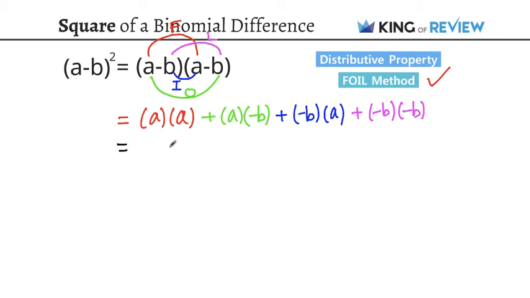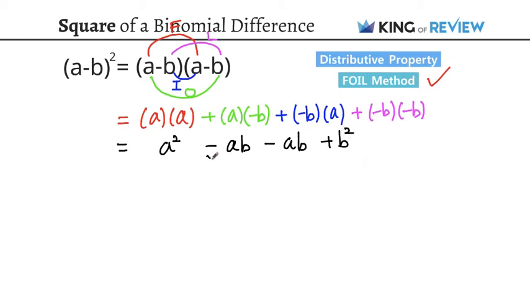a times a is a squared, and a times negative b, positive times negative, is negative, so this is negative ab. And negative b times positive a is also negative ab. And negative b times negative b, negative times negative, is positive, so this is plus b squared.